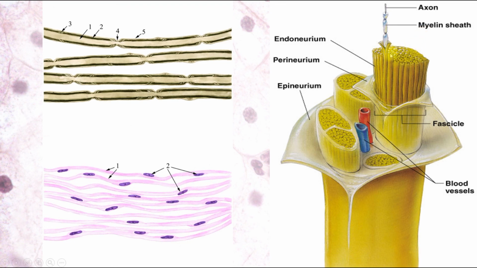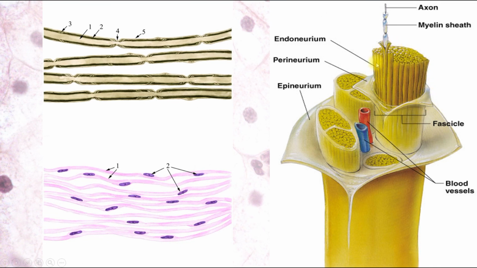So between distinct nerve fibers, we have thin layers of connective tissue which are called endoneurium. And endoneurium together with myelinated, unmyelinated nerve fibers form bundles or fascicles of nerve fibers.